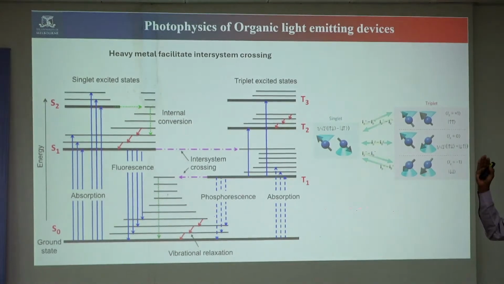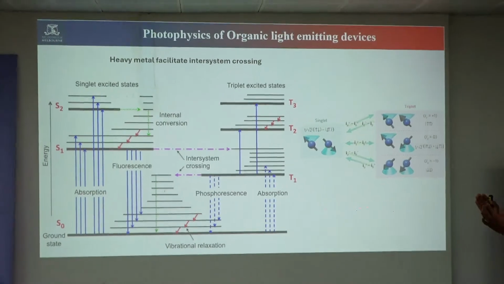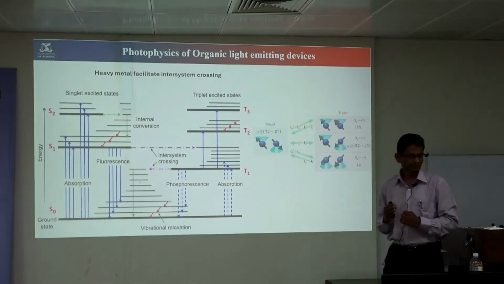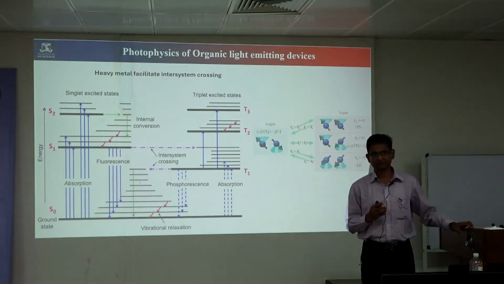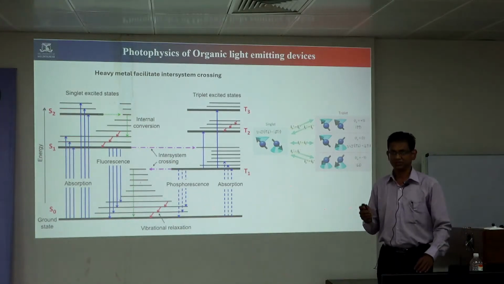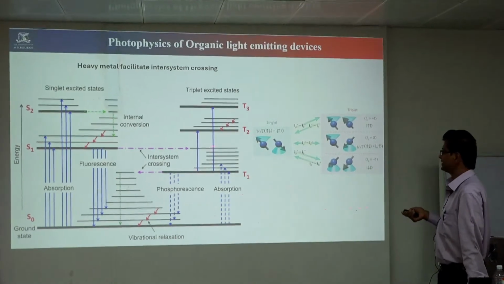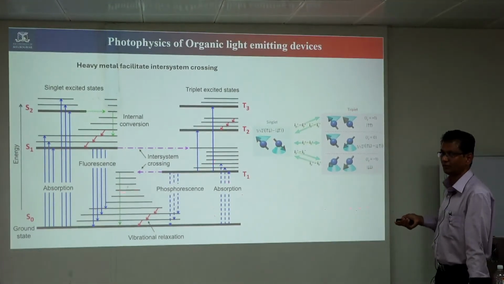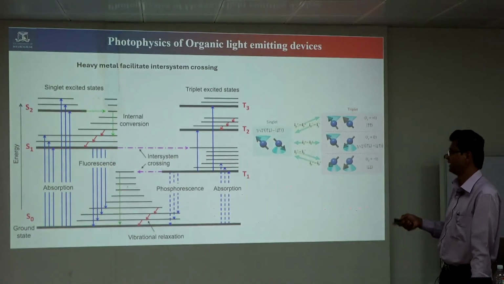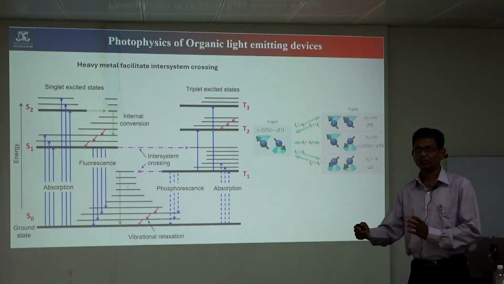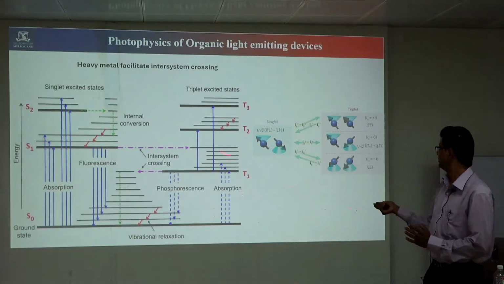That's why we go for phosphorescence, which gets 75% emission from the frontier orbitals. We will discuss in detail which materials can provide this fluorescence and phosphorescence. I think now we understand why phosphorescent material is more efficient than fluorescent material.